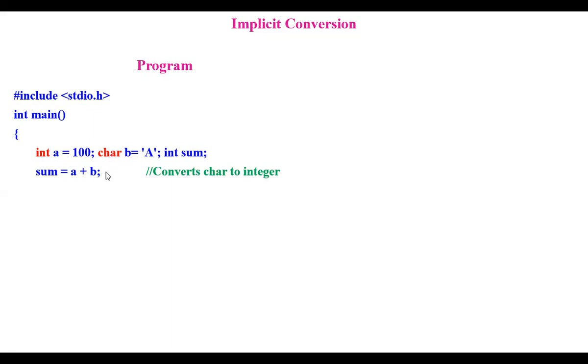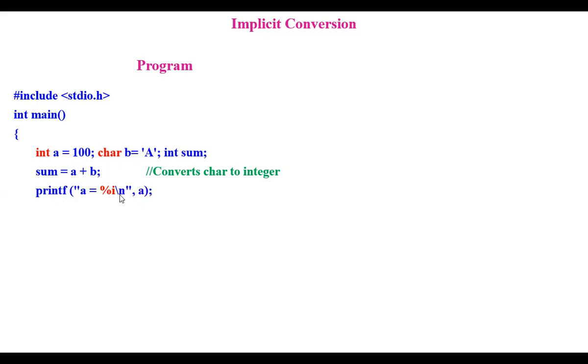Let us see. My aim is to get the ASCII value of this character B, which is of course capital A, and add it to A, 100. Okay, that is the aim. Let us see what happens.